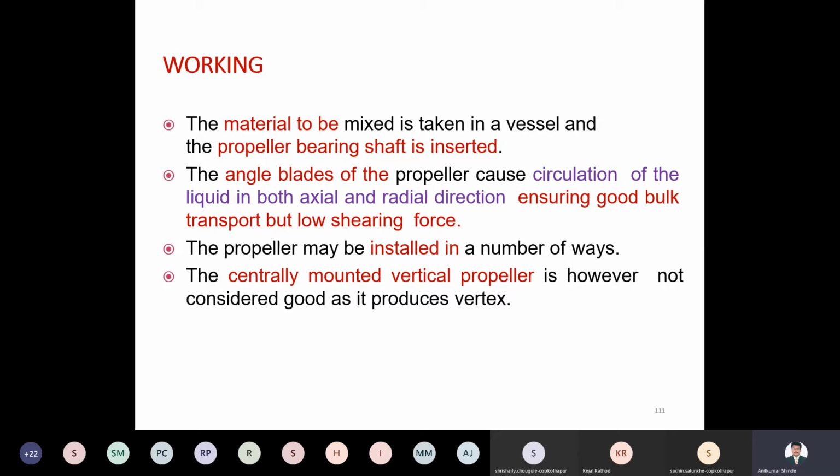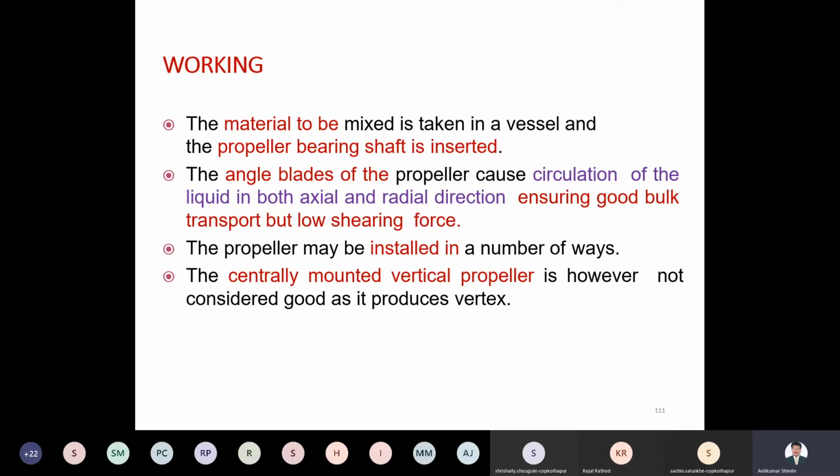Mixing should always be done with low shearing force, which gives the most efficient mixing. If you use a high shearing force, there is a chance your blades or vessel may crack, or some other event may occur. That's why low shearing force gives efficient mixing.